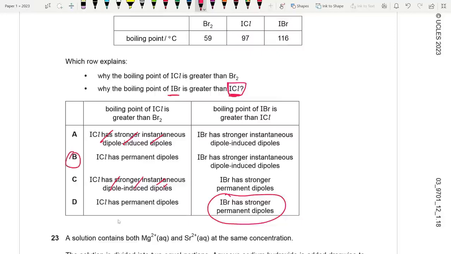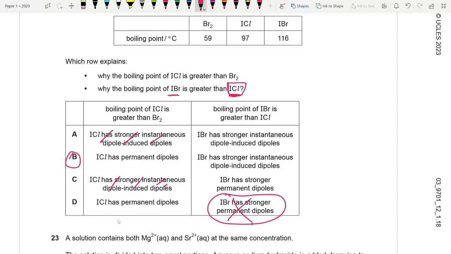So I'll break this down again. Basically, ICl has permanent dipoles while bromine does not, which is why ICl has a higher melting and boiling point. Next, IBr and ICl. The gap for ICl in the periodic table is greater than IBr. So basically, ICl should logically have stronger permanent dipoles, not IBr, which is why this is wrong.